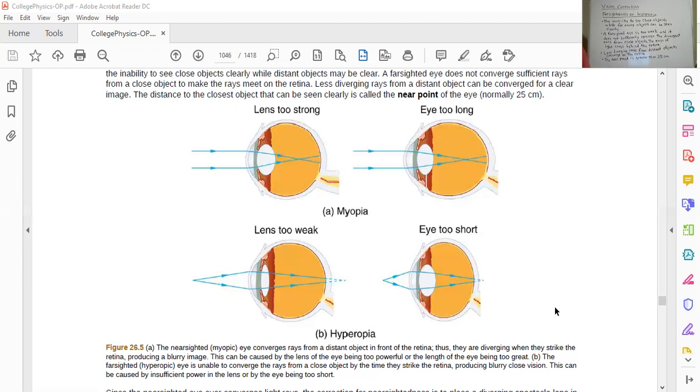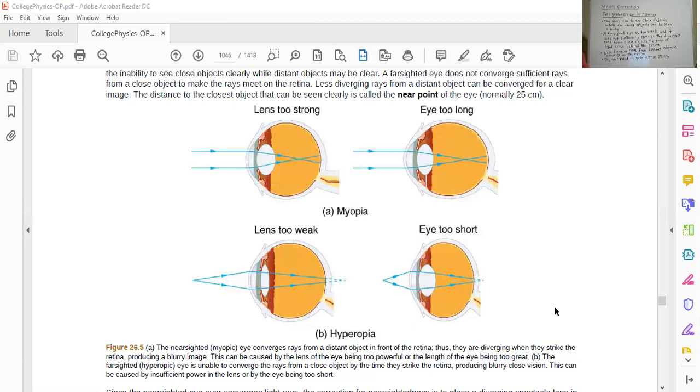So I had LASIK surgery to shave off a lot of the cornea to reshape the eye such that the refraction is correct. That made the lens less powerful in order to have the rays converge on the retina without having to wear a strong prescription.